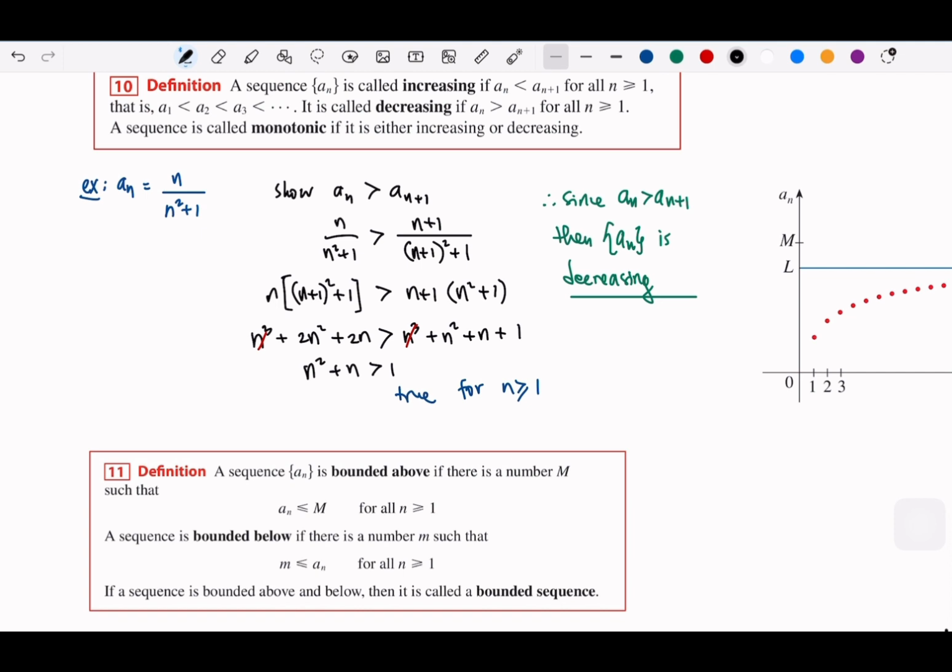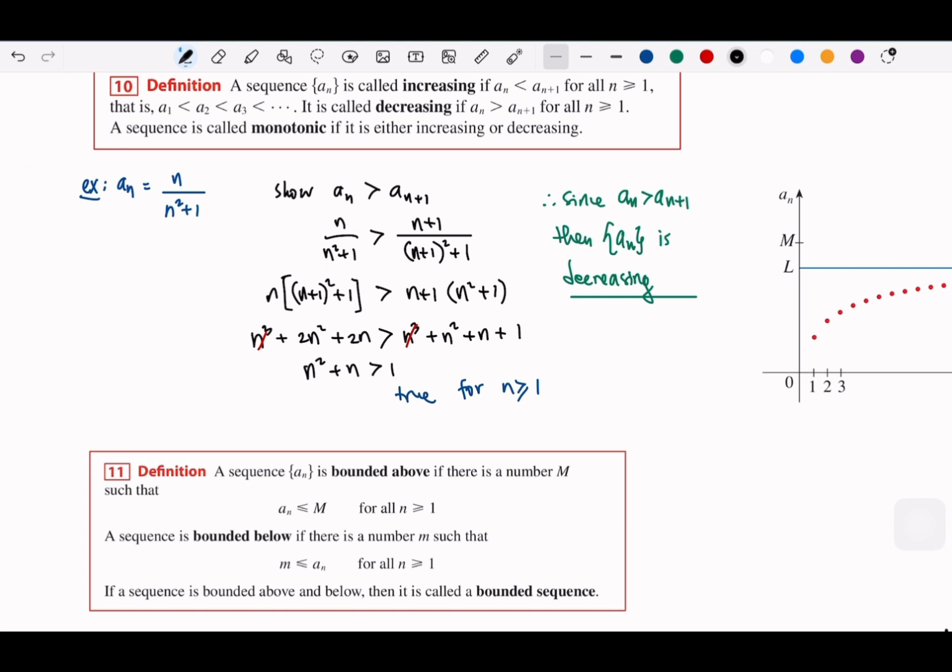A sequence can be bounded above if there is a number m, so let's say m is a number such that the sequence is always below this m. So it will not exceed m. M is like the upper level, like m is over there, and we are below, or maybe at the same height as m.